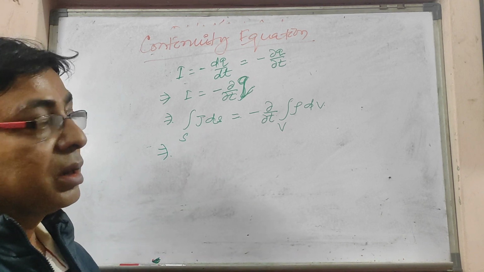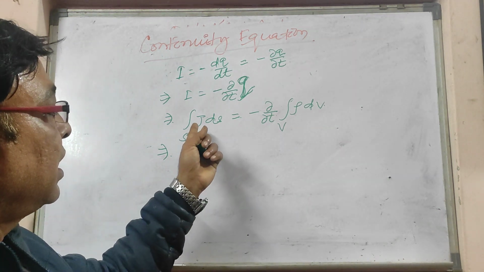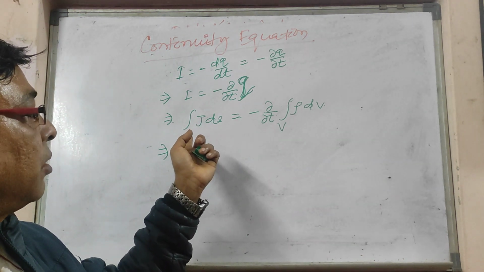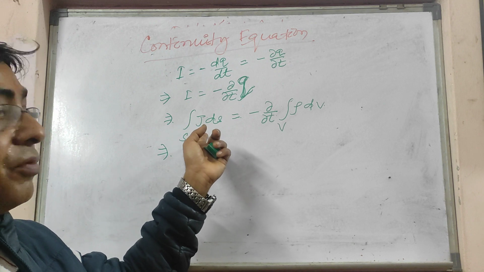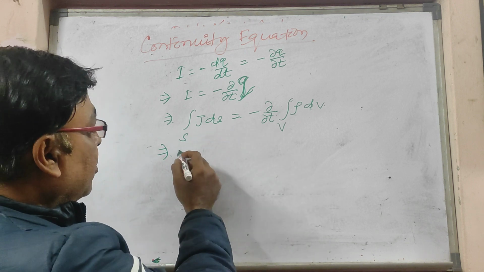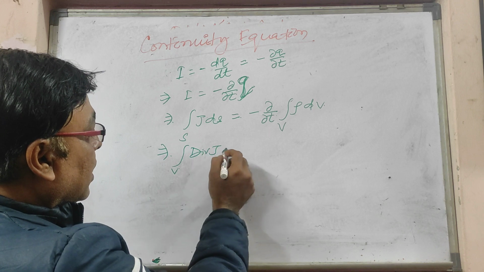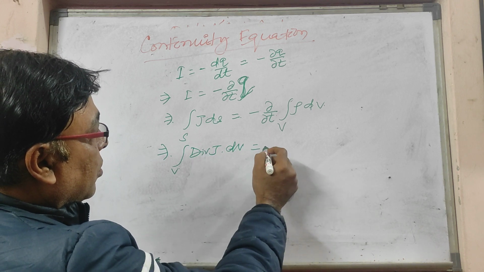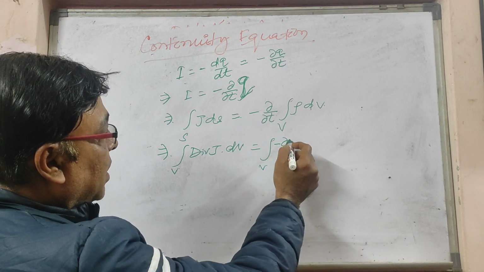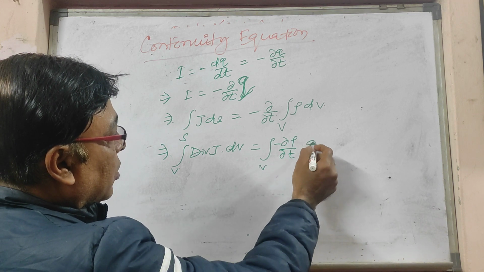If we apply the divergence theorem, the surface integral of this vector function is equal to the volume integration of the divergence of that vector field over the closed surface S. Now we can write, instead of J·dS, the volume integration of div J dV, and that is equal to, if we take the partial derivative inside the integration, -∂rho/∂t dV.